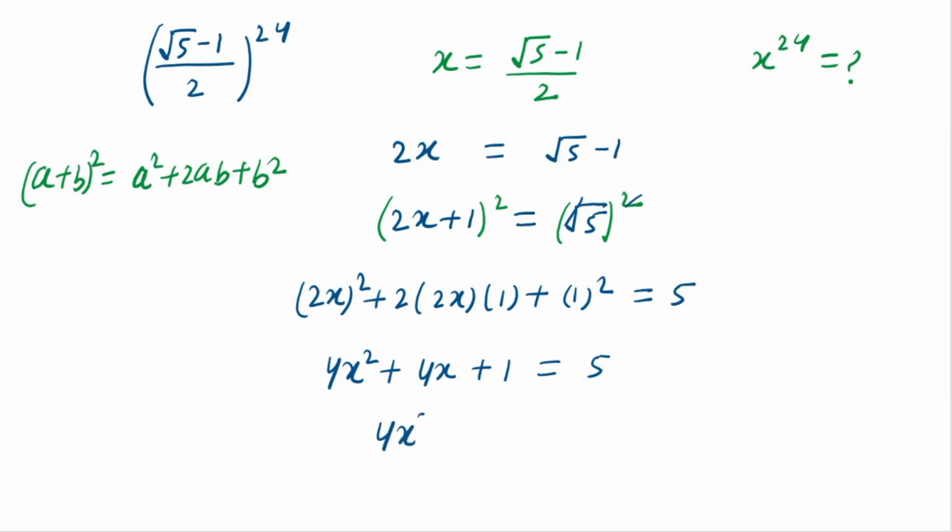Now 4x square plus 4x, this plus 1, if we take right hand side, then this is 5 minus 1. In left hand side, 4x square plus 4x, this is equals to 5 minus 1 is 4.